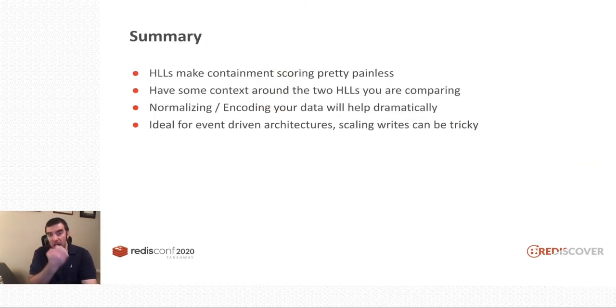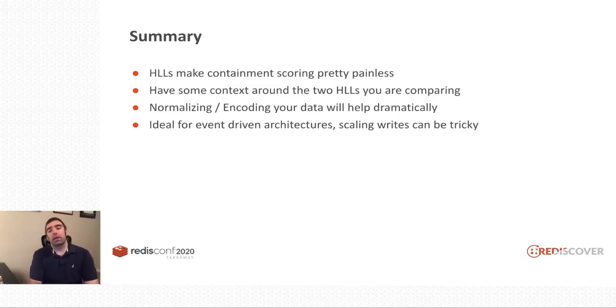So in summary, we have found that HyperLogLogs have made containment scoring pretty painless and have satisfied a lot of our requirements to help customers do analysis across siloed data without ever having to show the raw data to the two interested parties.